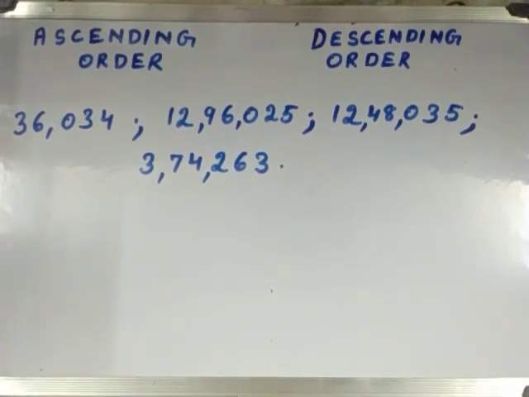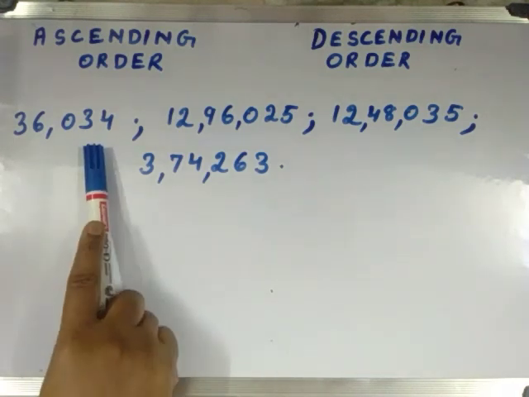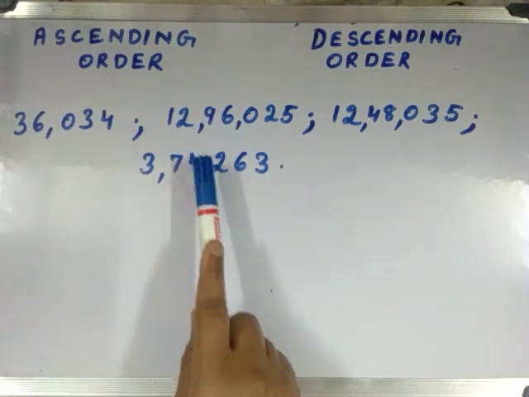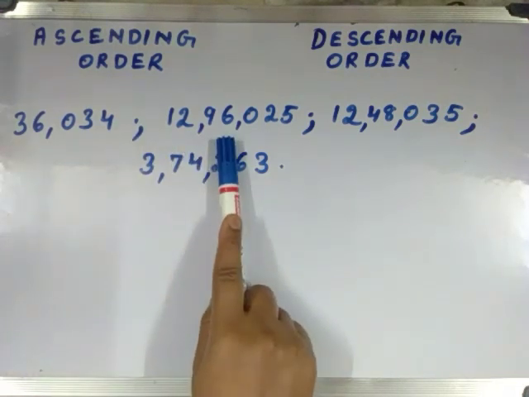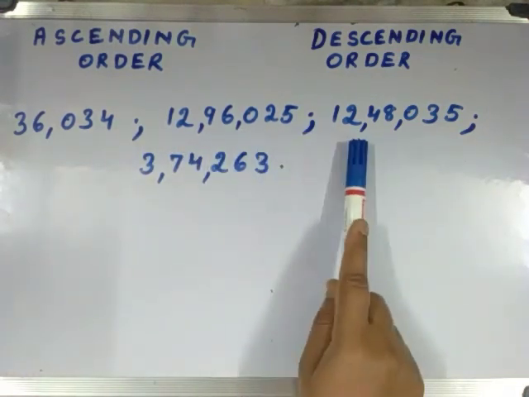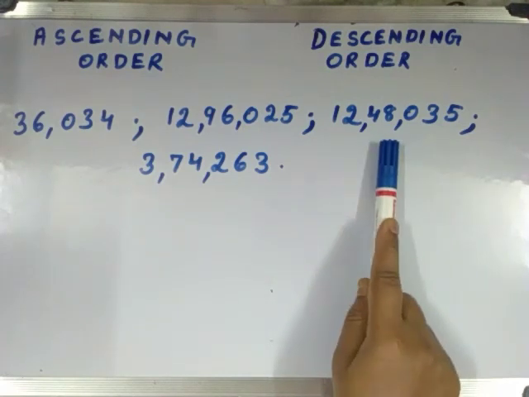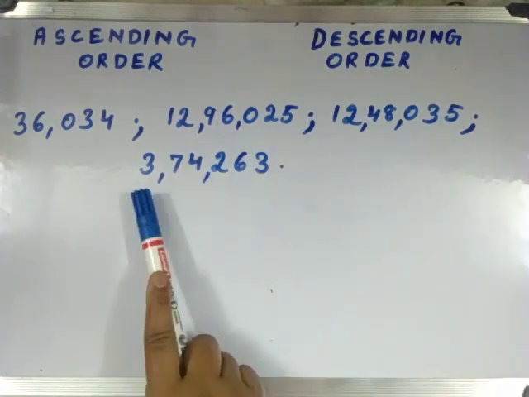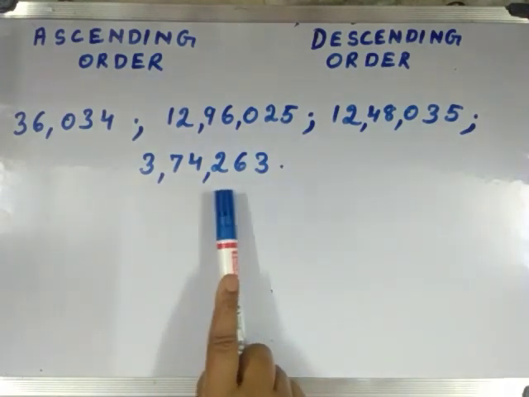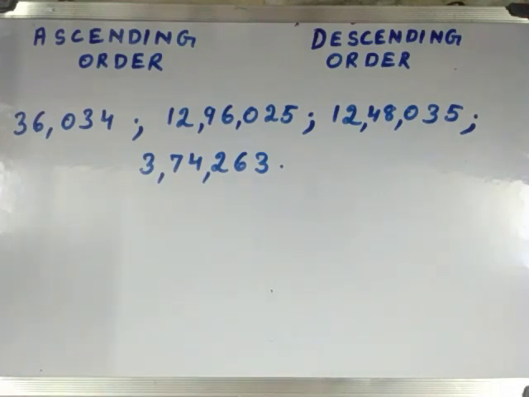Now we have another set of numbers to be arranged in decreasing order or descending order. Let's read the numbers first. 36,034, 12 lakh 96,025, 12 lakh 48,035, 3 lakh 74,263.